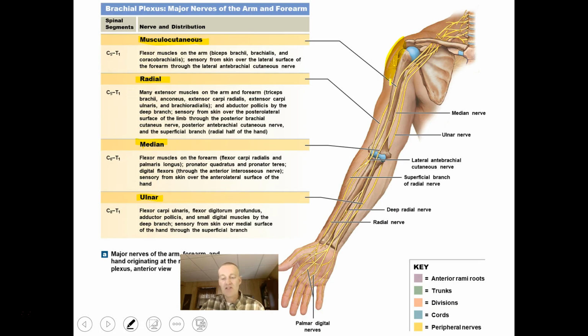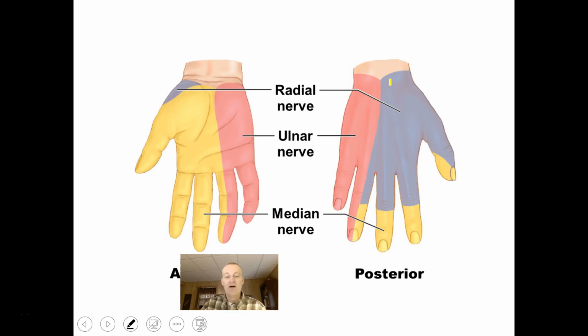I think it's kind of cool that all this information is collected in these cords and taken to very specific regions of the body. It's all mapped out when you're an embryo and then a fetus growing. All these cords have to be in the right place to service the right area of the body. This is just kind of cool, showing you a map that the median nerve is going to service these particular regions, the ulnar nerve services these regions, the radial nerve services these particular regions.